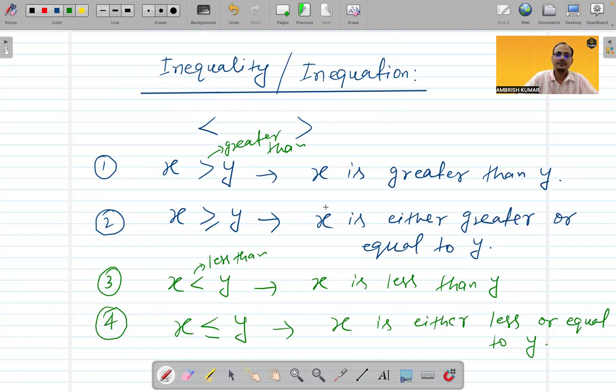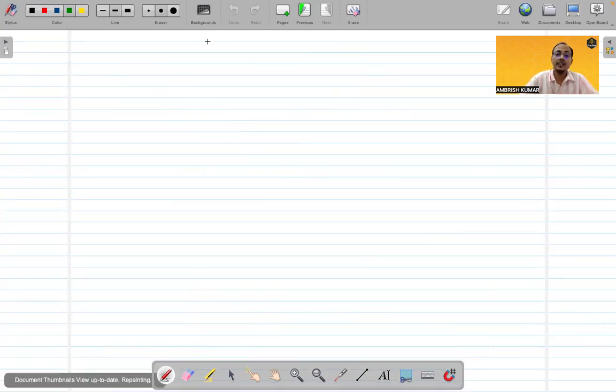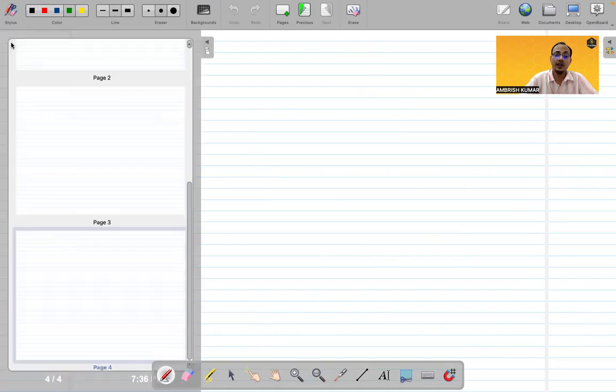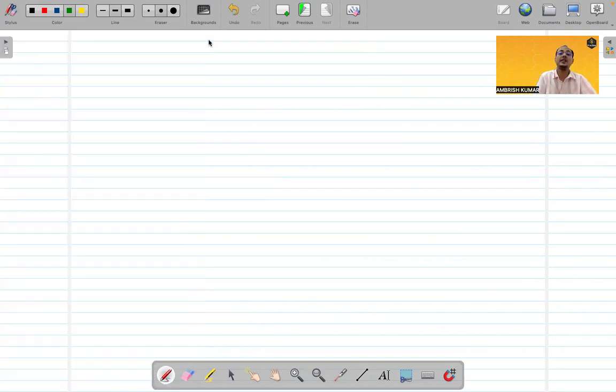Clear? Now we have to keep two rules in our mind that we also call properties of inequations. So what are the properties? The first property: if you have x either less than, greater than, less than equal to, or greater than equal to y.